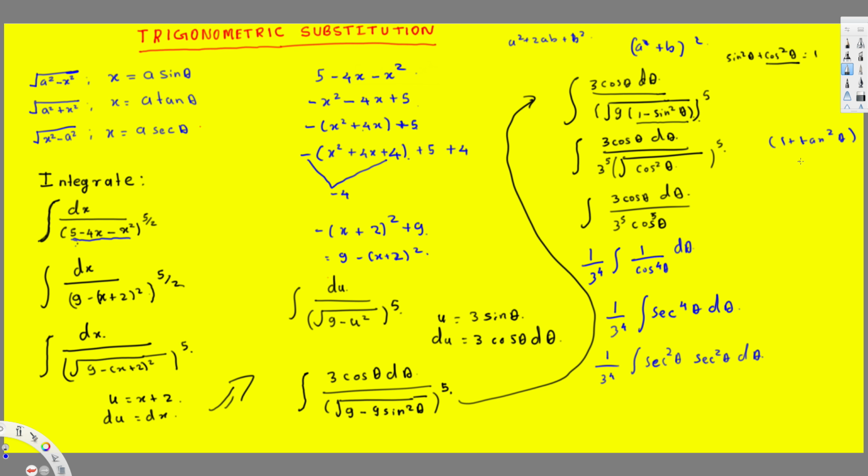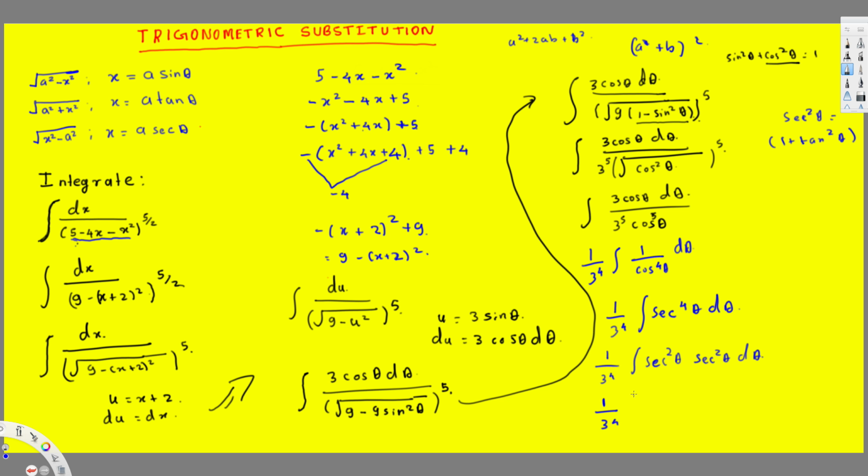This is a trig identity. So sec square theta is equal to 1 plus tan square theta. I can replace this because that's going to enable us to do another u substitution. But since we used a u already, I can use a different letter later.